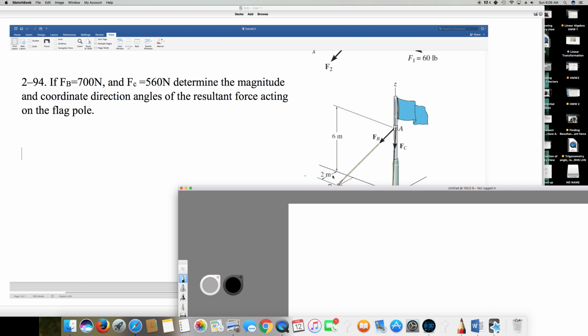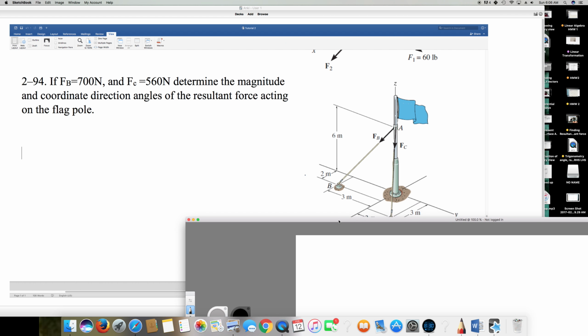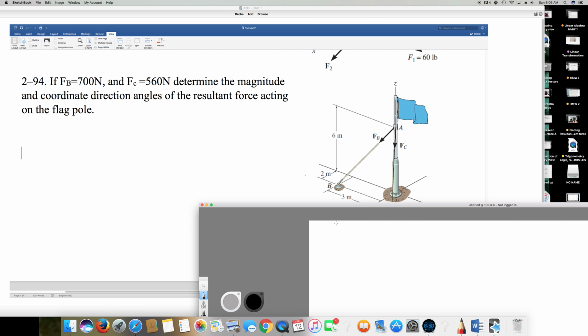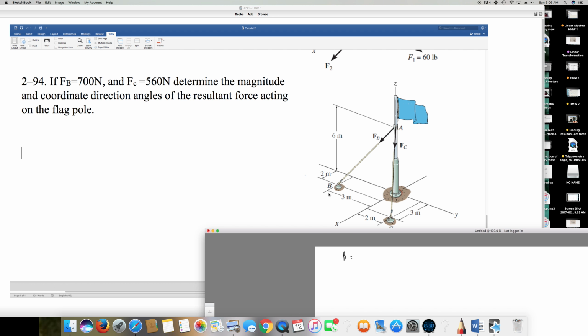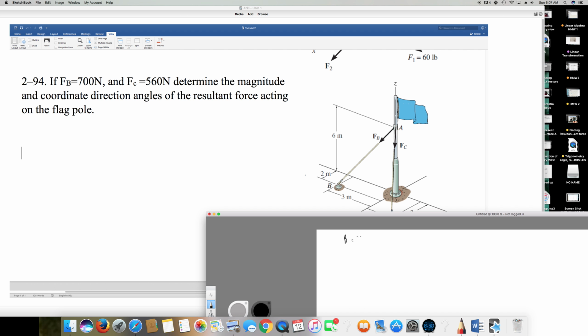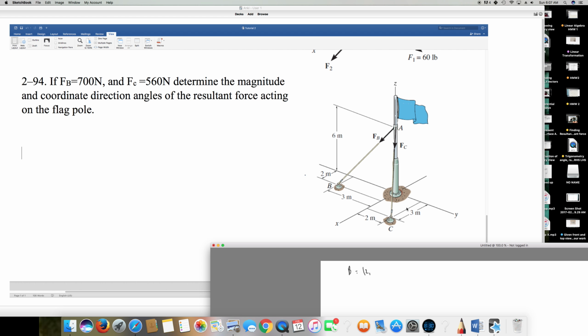First of all, I have to find the coordinates. Let's find the coordinates for B. The x-axis is in the positive direction, so it's going to be 2, and the y-axis is in the negative direction, because we know something is negative by the look of the diagram: if they label this side, it means whatever is opposite to that is negative.